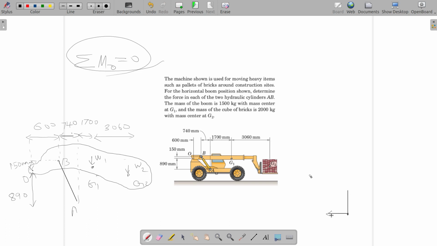So this is the member force which we need to calculate, FAB.